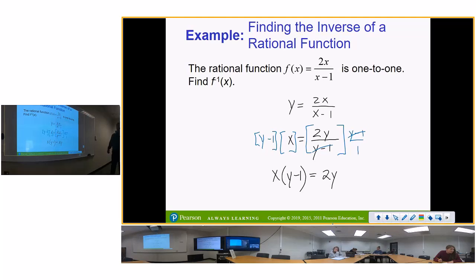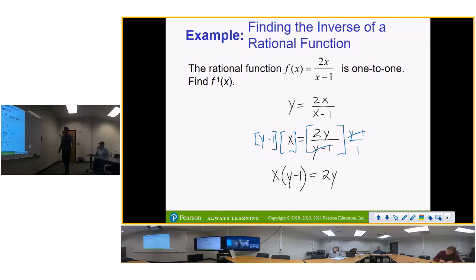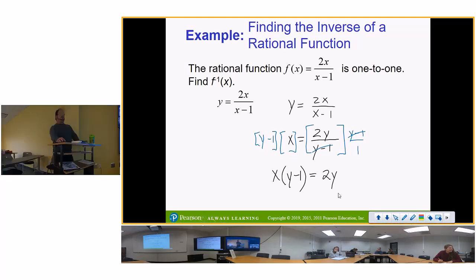Now I've got a problem that I can solve for y now, but I need to get the y back on the other side. Do they want you to do this? Let me see what they do. Okay, they do.